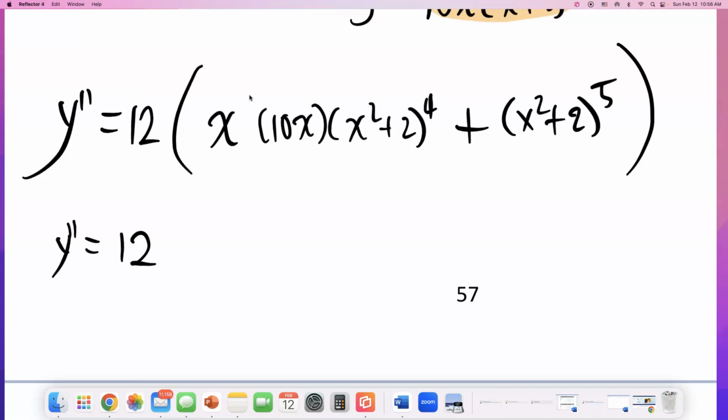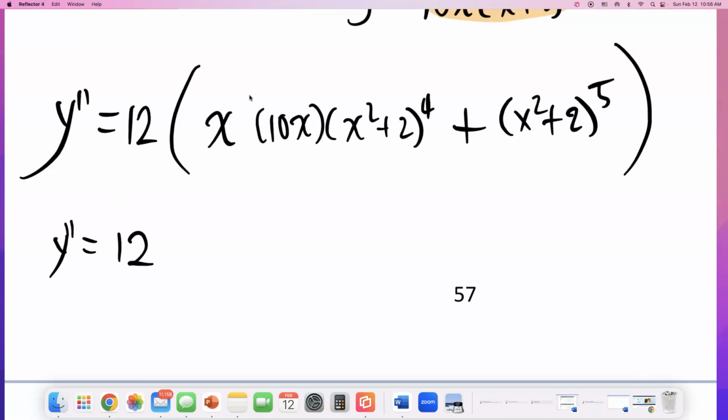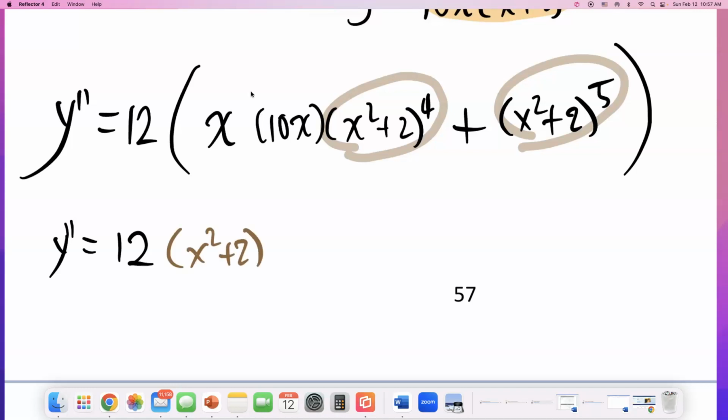I'm going to factor something out. Notice that this has a common factor, okay? The common factor is x squared plus 2, and the greatest common factor would be that raised to the 4th power, right? So that's what I'm factoring out from these two terms, okay? So what's left inside the parenthesis?